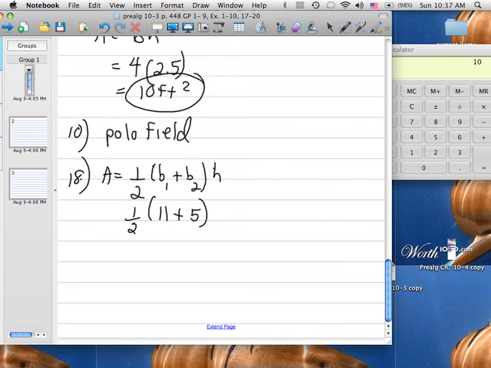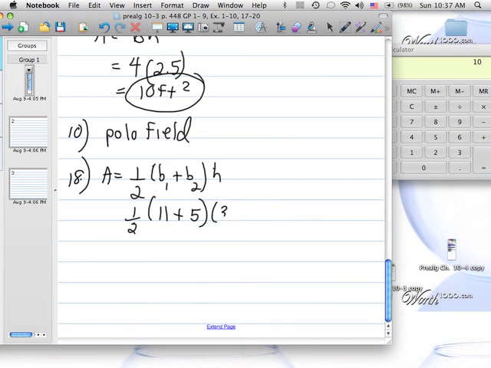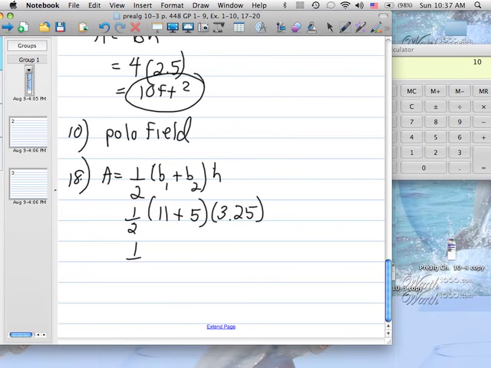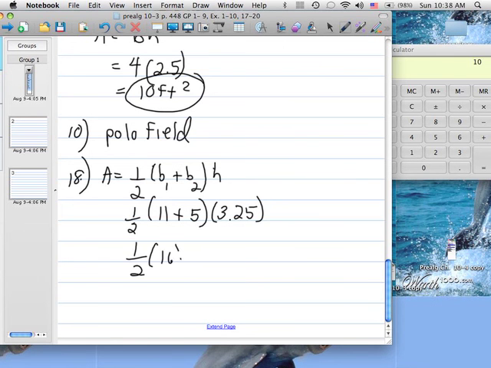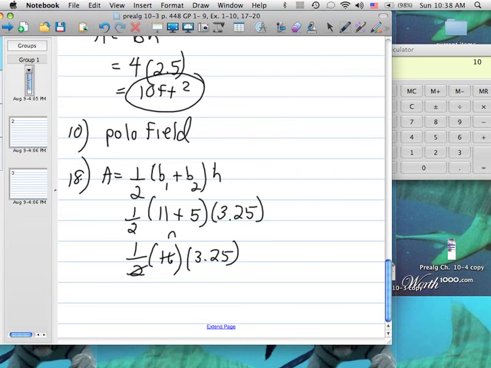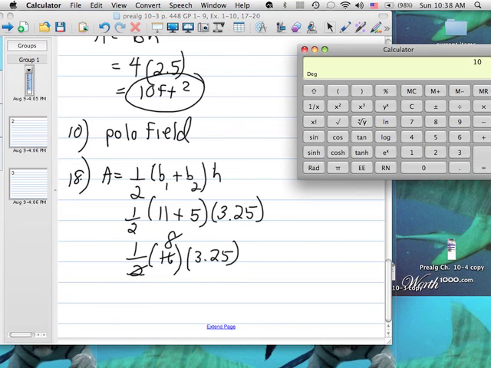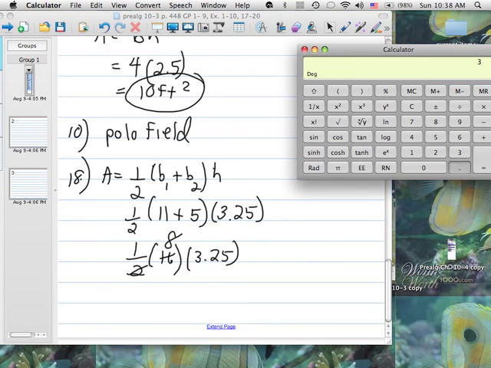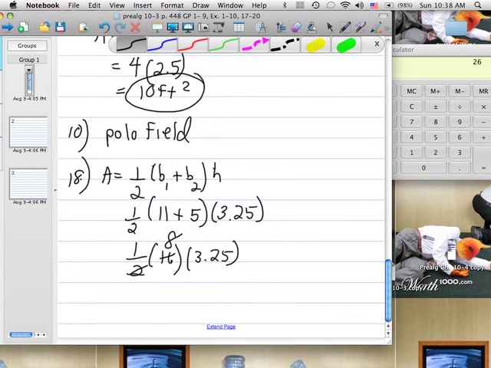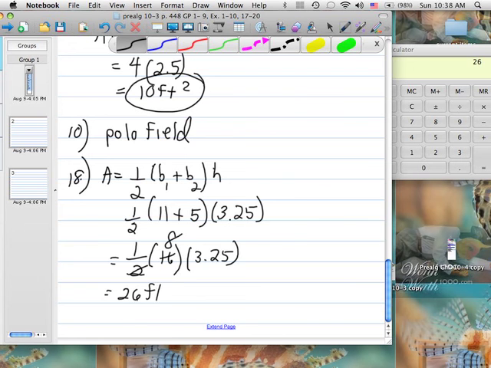Times the height, which is 3 1/4. And we can use 3.25. So that's 1/2 of 16 times 3.25. So that'd be 8 times 3.25. And we get 26. So it's 26 feet squared.